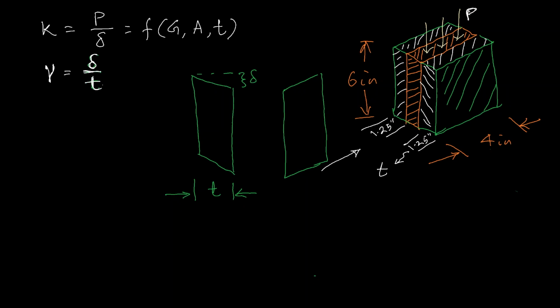So delta over T is gamma, and the shear stress developed on these sections, which are subjected to shear, will be G times gamma, which equals G delta over T. Each of them will be subjected to a force of P over 2, and this side also P over 2.